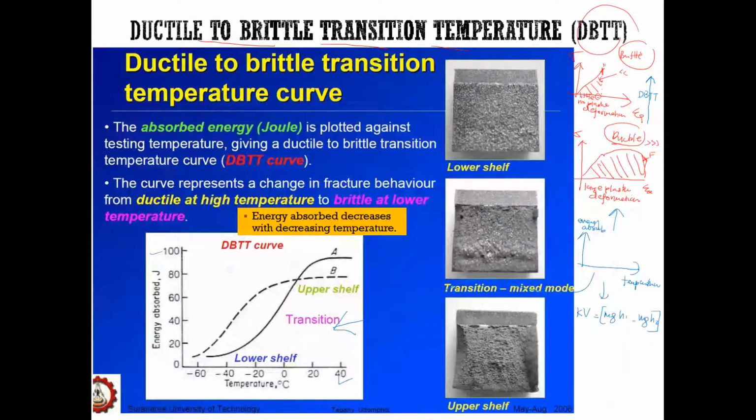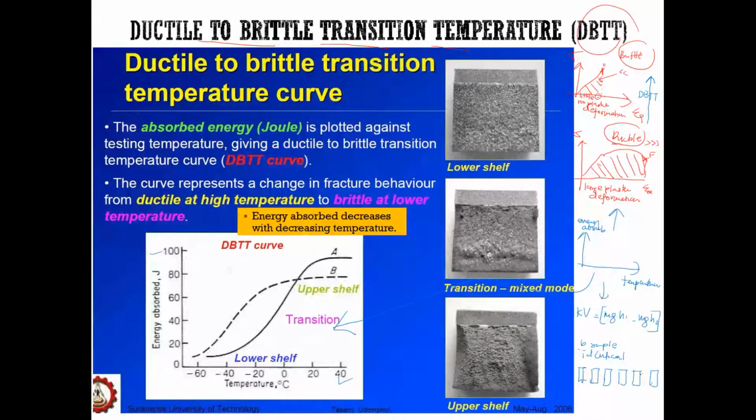So how are we going to study this phenomenon at different temperatures? Let's say we do some testing on 5 or 6 samples. It's identical samples: 1, 2, 3, 4, 5, and 6. Say for example, this is a specimen for Charpy impact.